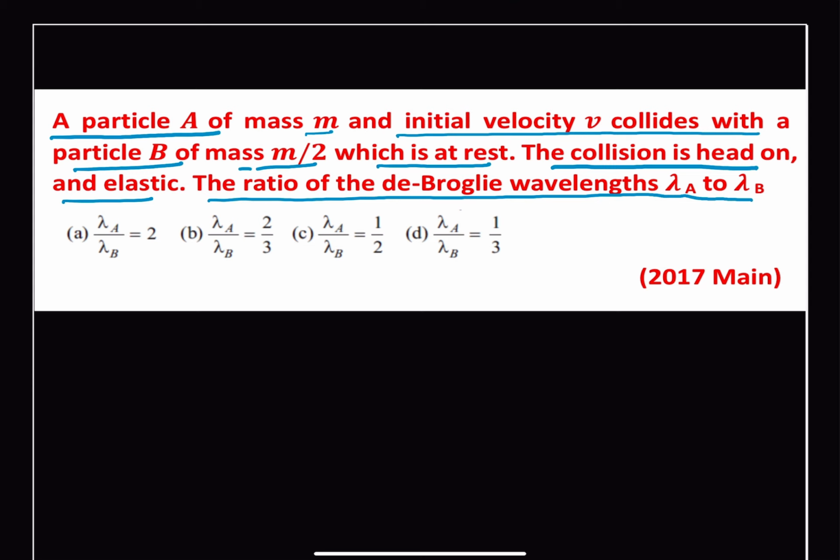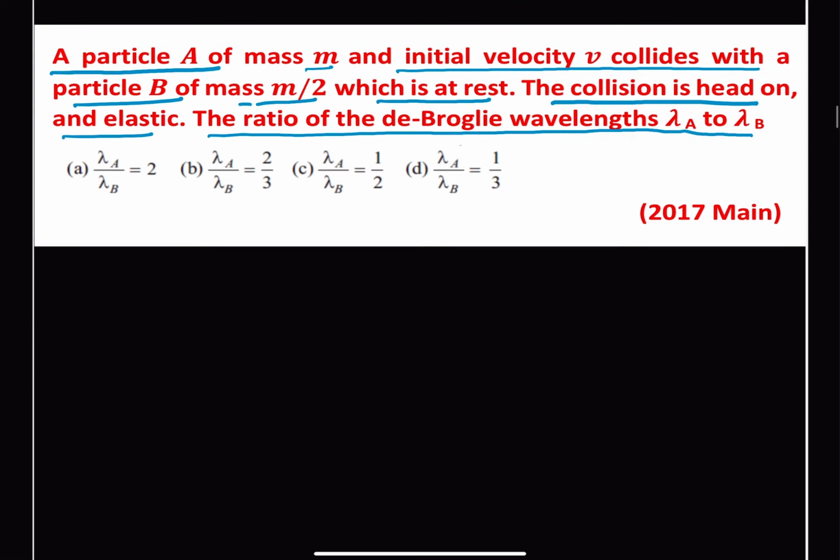So we are given that we have a particle A of mass m moving with the velocity of v, and we have a particle B of mass m by 2 whose initial velocity, let us put that, is ub equal to 0.